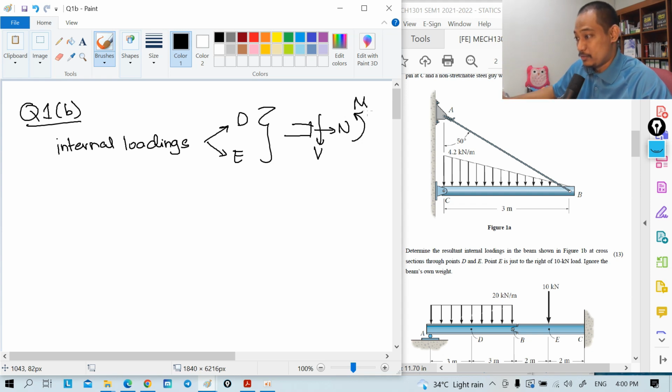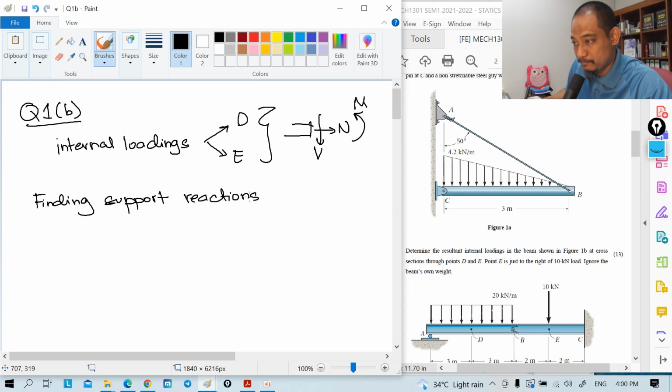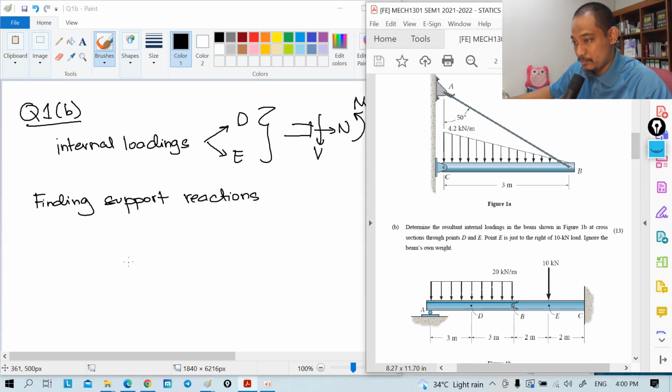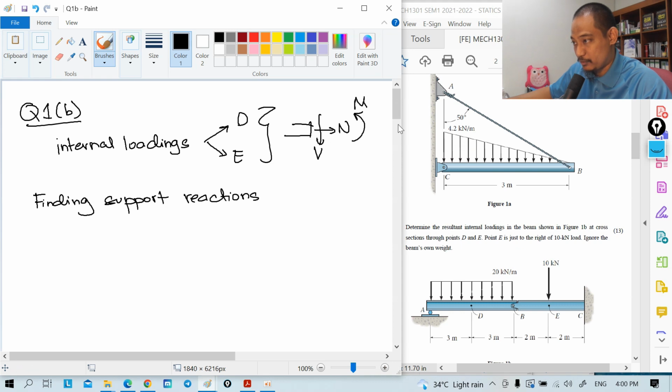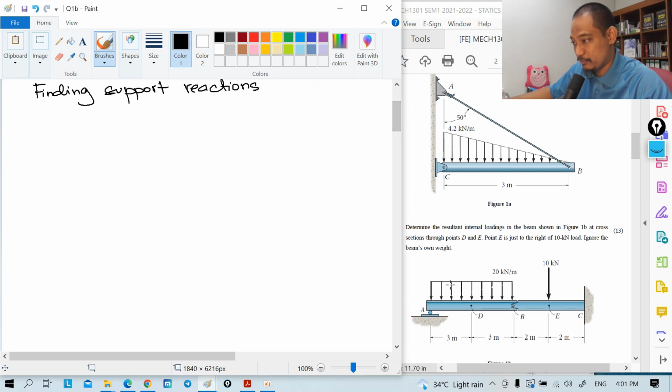All right. So first, finding support reaction. We have to draw the full free body diagram first.